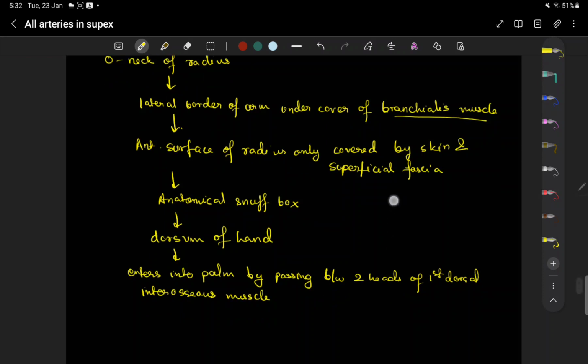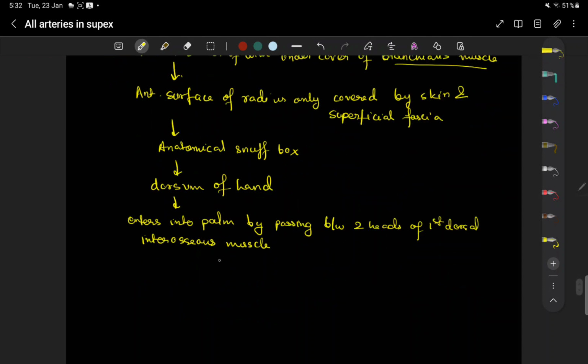Okay. After it has entered, it gives two divisions. One is the arteria radialis indicis and another one is the arteria princeps pollicis. And after that, what exactly happens?